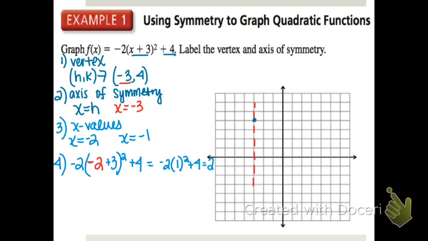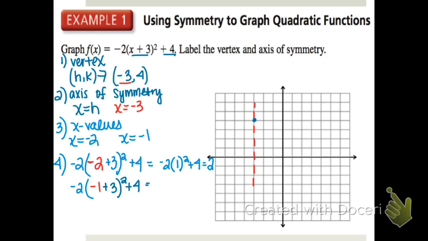So then let's do x is equal to -1. I have -2, and then putting -1 in for x, plus 3 squared plus 4. I'm just copying down the rest of the function, just like I did previously.